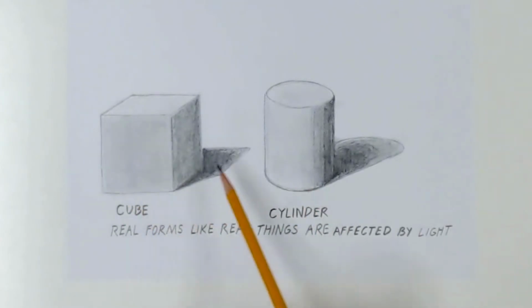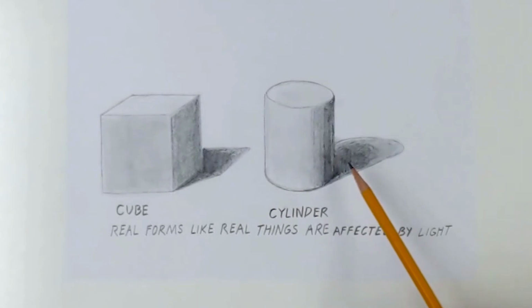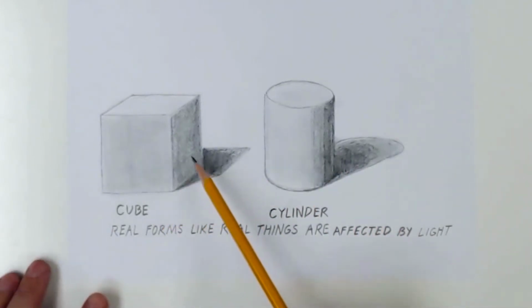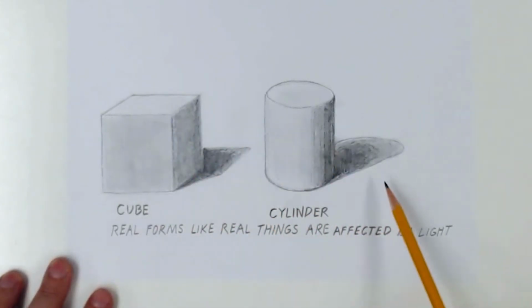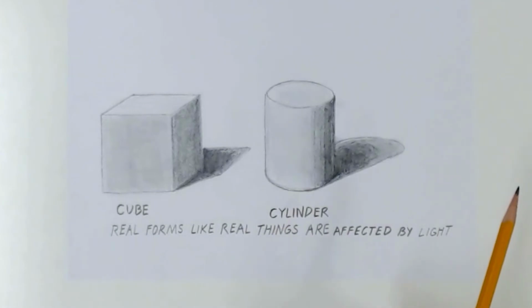You see, when light happens to hit them, then they become three-dimensional. Then they become forms. And in the next couple lessons, I'm going to really show you how to think about how light hits things, how to create shadows and stuff like that. But, one thing at a time.